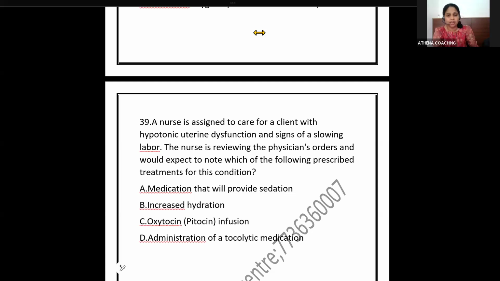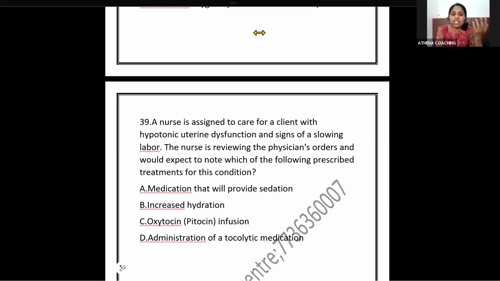Uterine contraction is not happening properly. Usually we consider uterine activity as two types: hypertonic and hypotonic. Hypotonic means contractions not happening strongly. Hypertonic means contractions happening very fast and strong. If there is hypotonic contraction, definitely the labor process will slow.